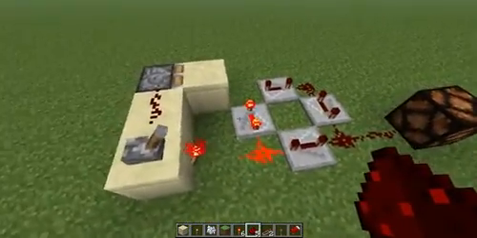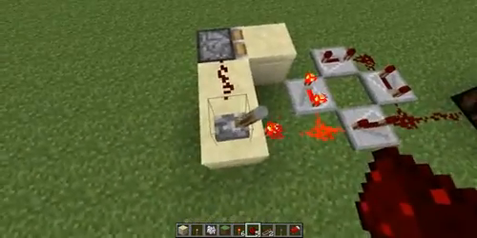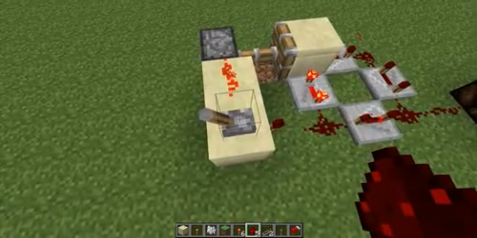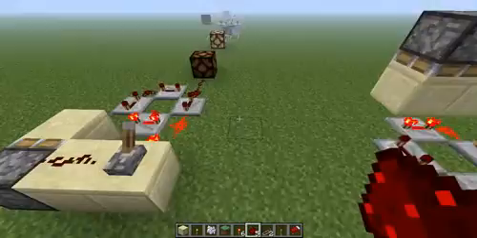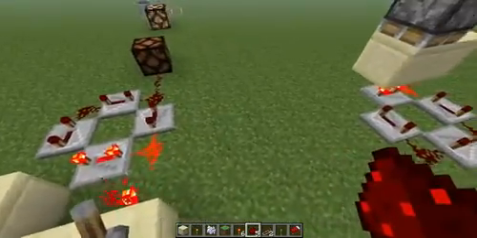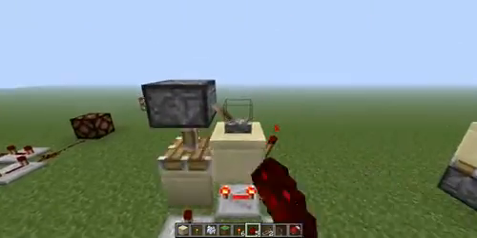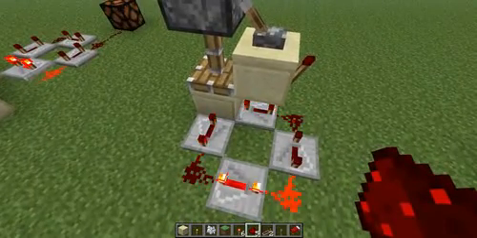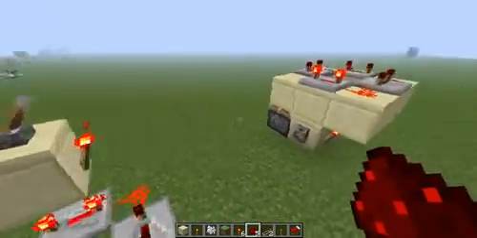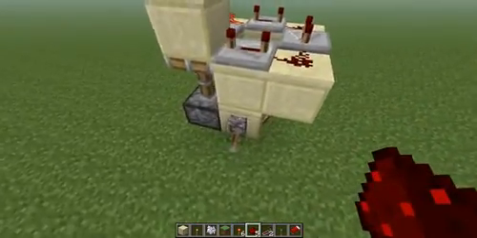I hope you understand how this works, but I won't explain it to you because it's too complicated. You can also make it from above. The piston pushes from above, and this is what happens if it's from below.